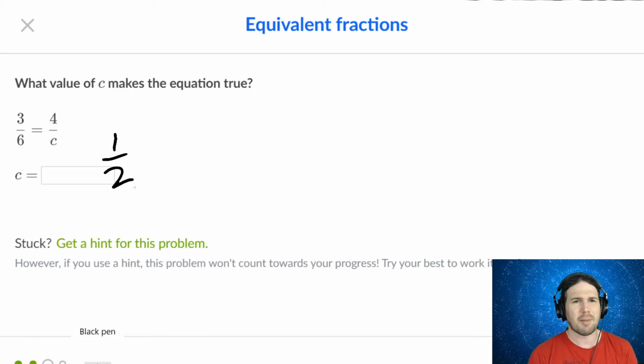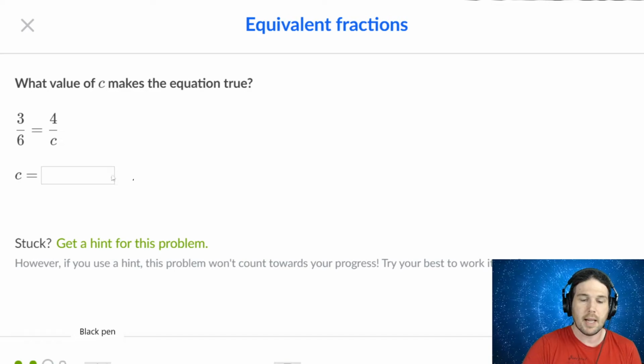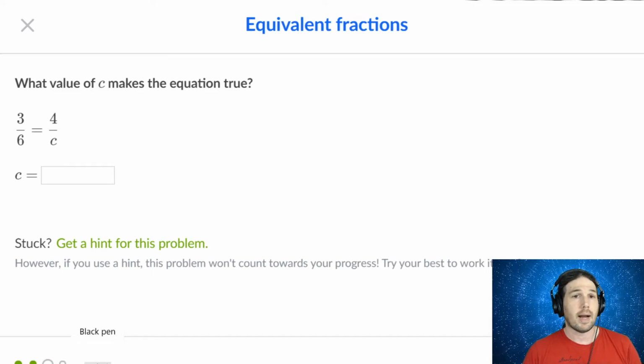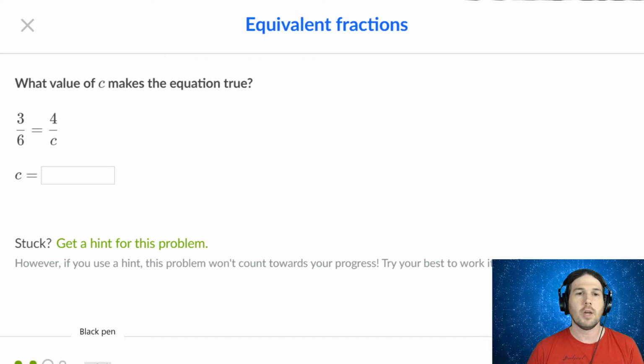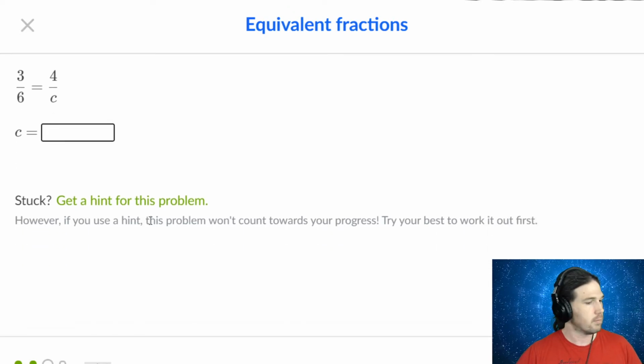I could start thinking about cross-multiplying or whatever I learned when I was in high school, and I'd go off on a tangent and have no idea where I was. But instead, I'm going to remember that I don't have to directly compare that 3/6 and that 4 over whatever. I remember that 3/6 is the same thing as 1/2, which means that this is the same thing as 4/8.